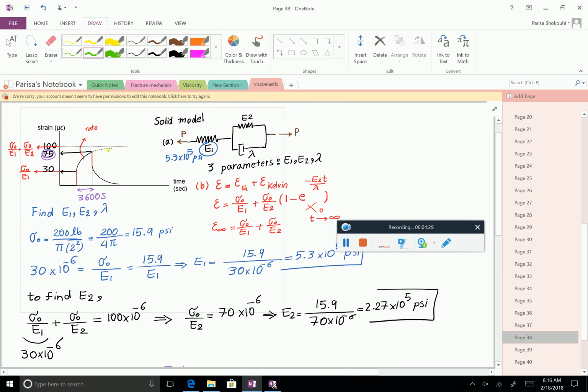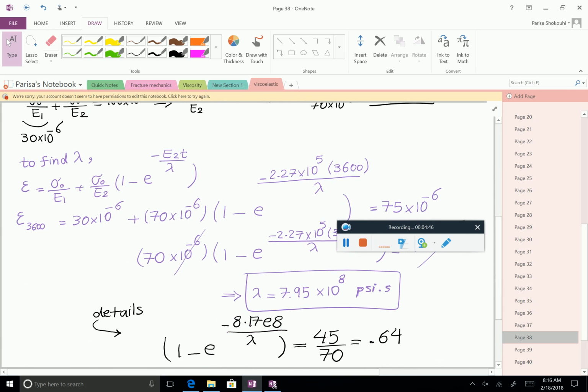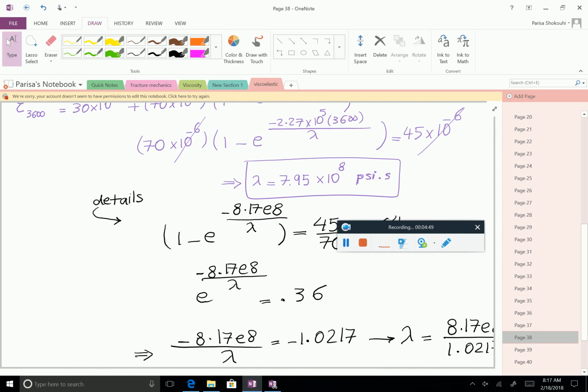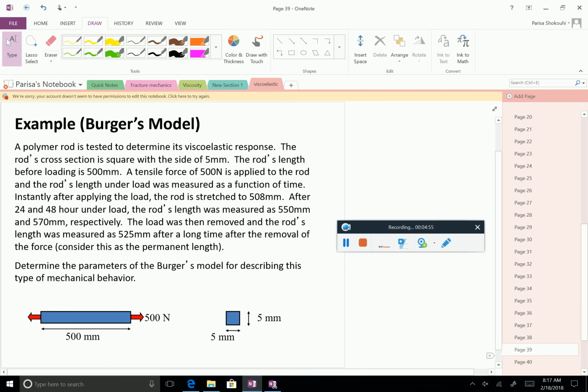From the asymptotic deformation we got the second elastic modulus, and then just looking at the strain at one point, we could also get the viscosity. So yeah, I also showed you how to calculate it with a little bit more details here. Okay, so now we are ready to look at the second problem.